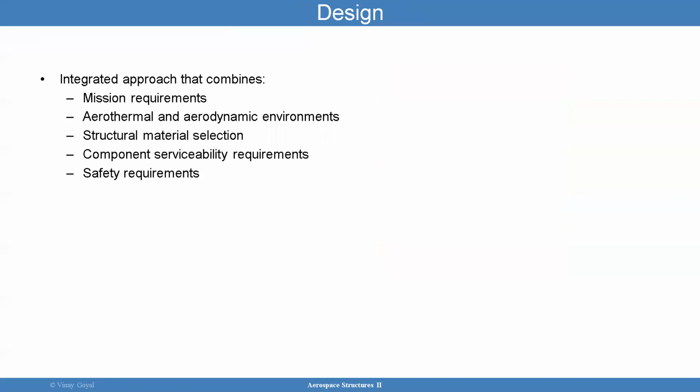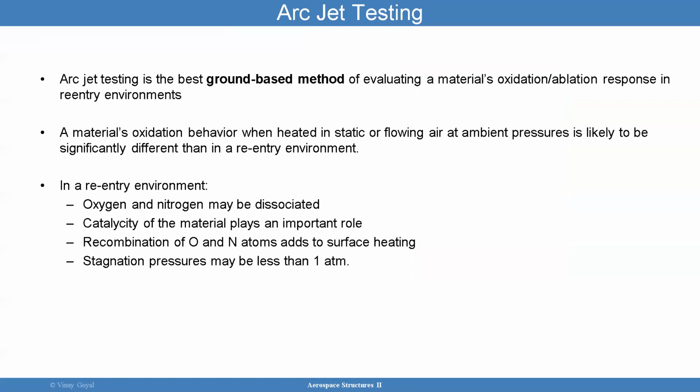The design. So typically the design involves an integrated approach that combines mission requirements, the aerothermal and aerodynamic environments, a good selection of structural materials, and the ability to service the components. Also, we want to make sure we have good safety requirements.